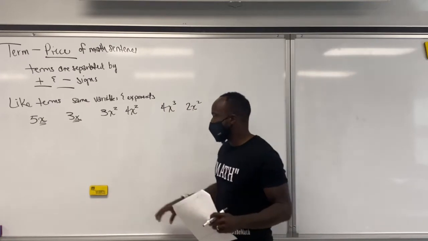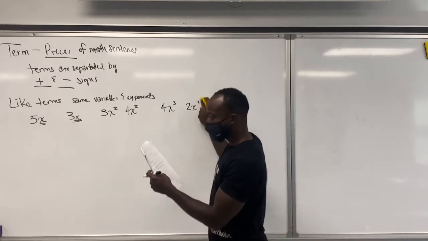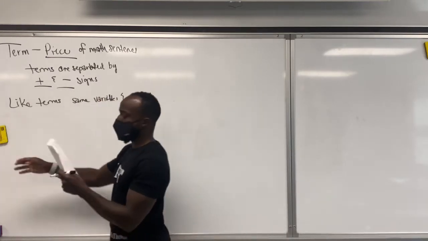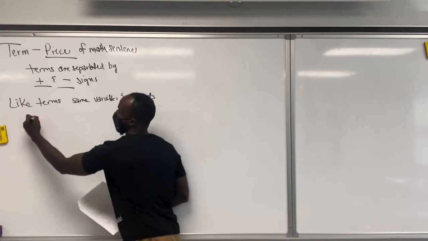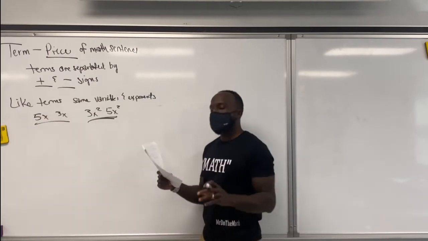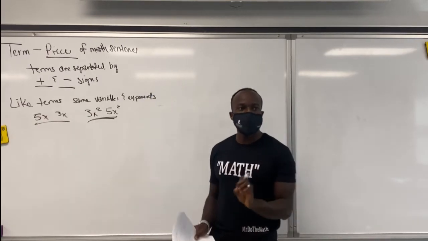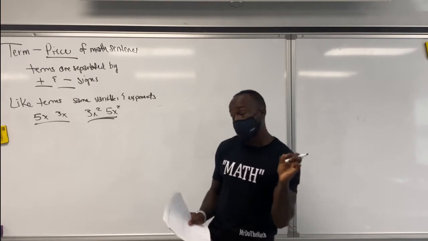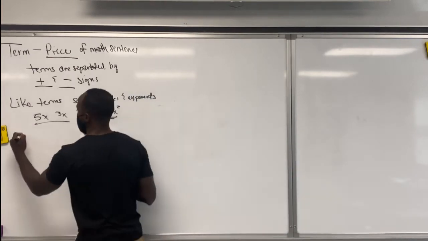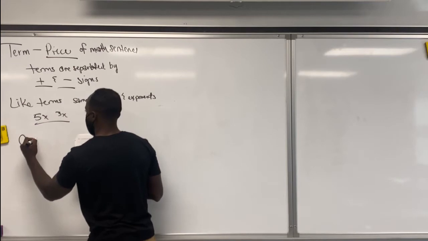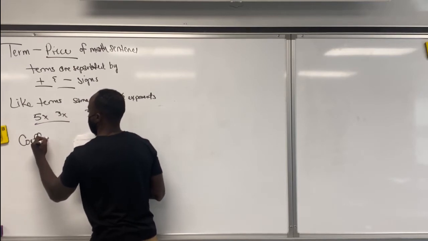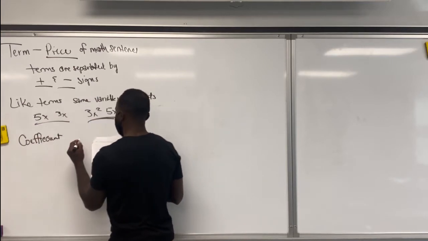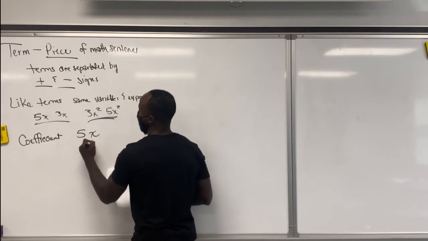All right, cool. Oh, I'm sorry, you should have wrote that down. Now, the coefficient is the number in front of the term, in front of the variable.